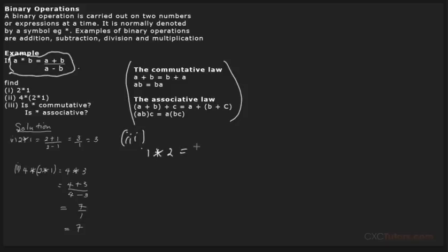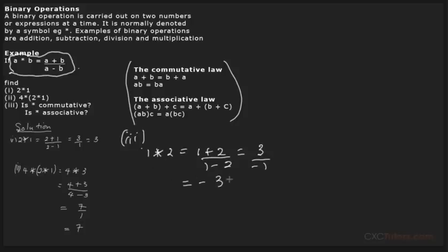A will take on the value of 1, and B will take the value of 2. So that becomes 1 plus 2 over 1 minus 2. 1 plus 2 is 3, over 1 minus 2, that's minus 1. And that is equal to minus 3.